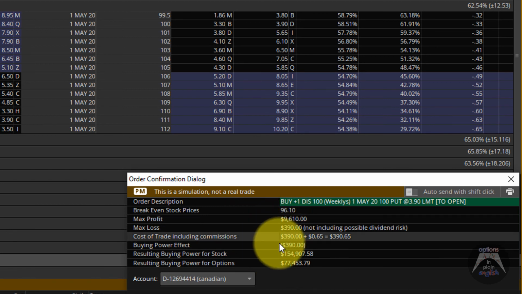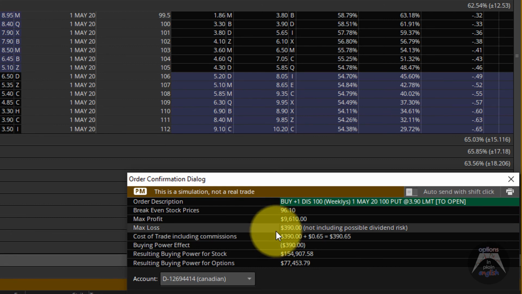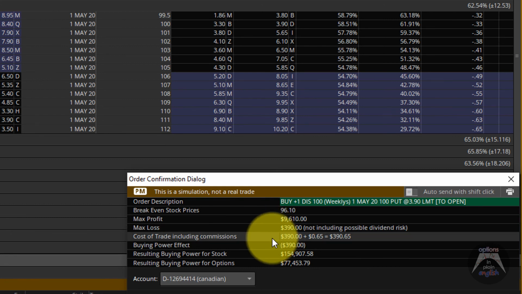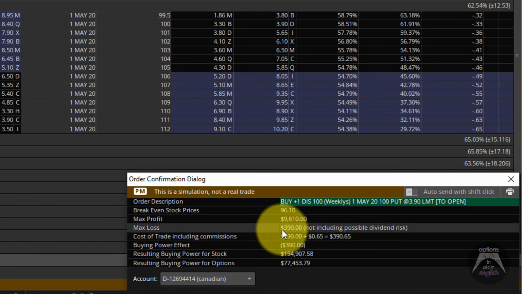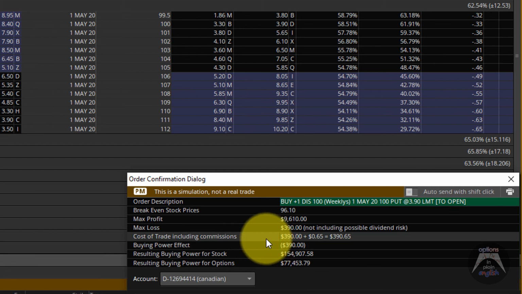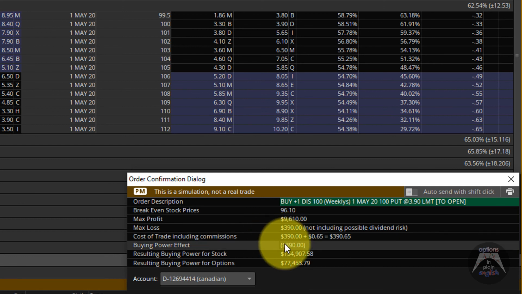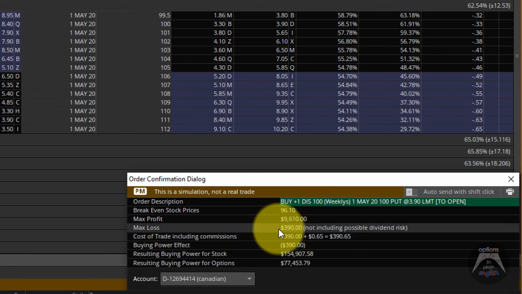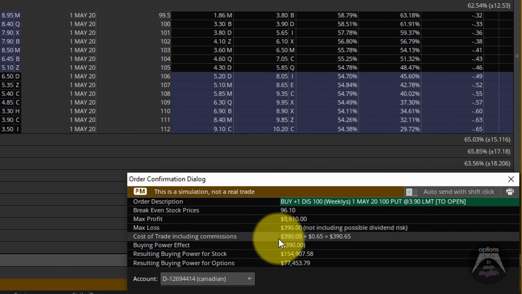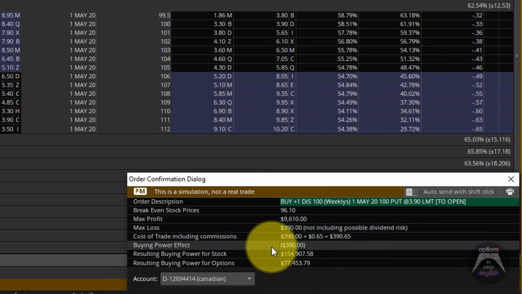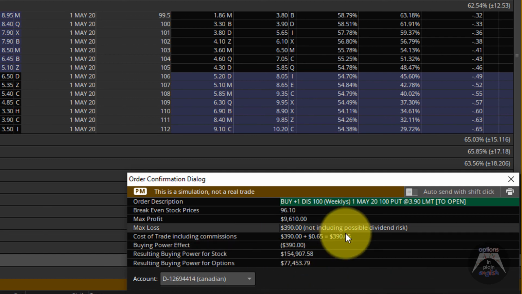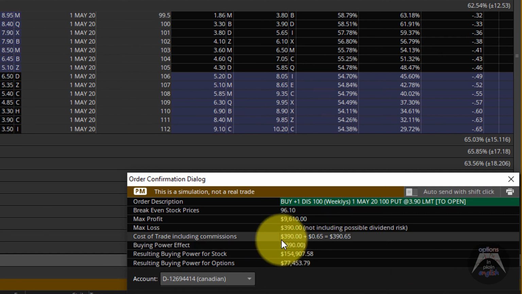But in reality, when you're buying a put and you're betting on the downside, the most you can make is the stock going to zero. The max loss is what we paid for it. So $390: the one contract is covering 100 shares, so we're paying $3.90 times 100, $390. Transaction fees and buying power effect are going to be dependent on your particular account.